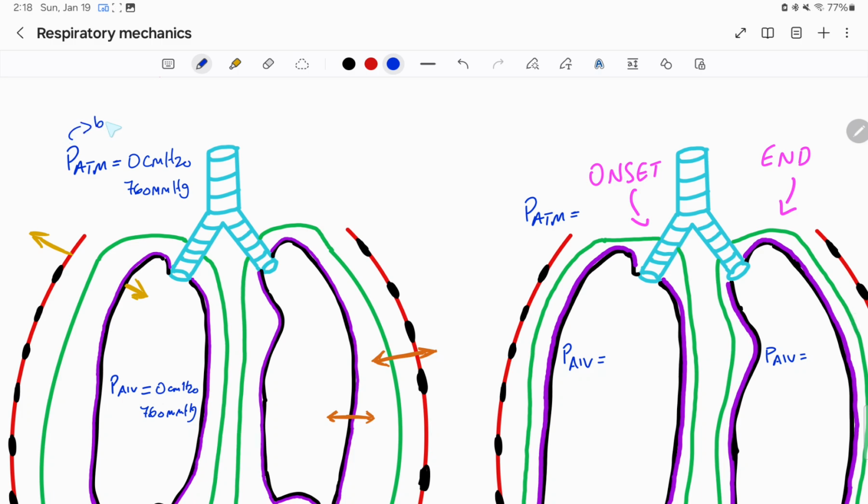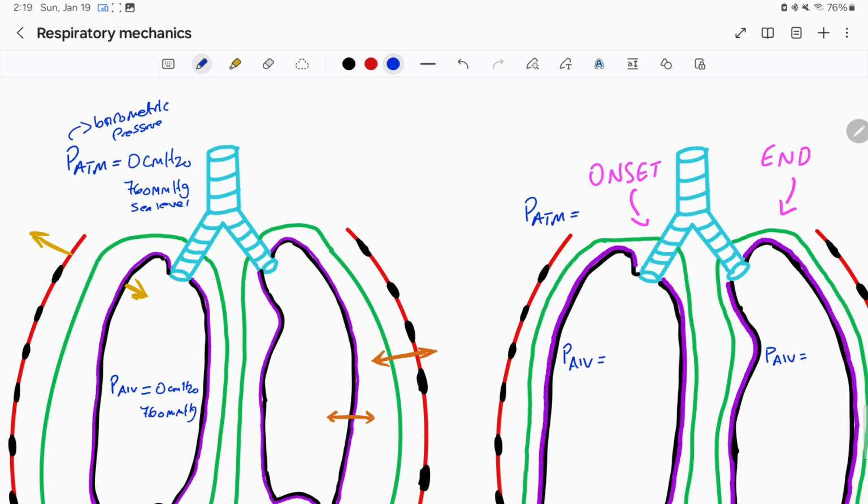Another name for it is the barometric pressure, and this genuinely will remain constant. This is the pressure at sea level, so about where you're sitting right now, unless you're watching this at Mount Everest. And usually at sea level, it's 760.